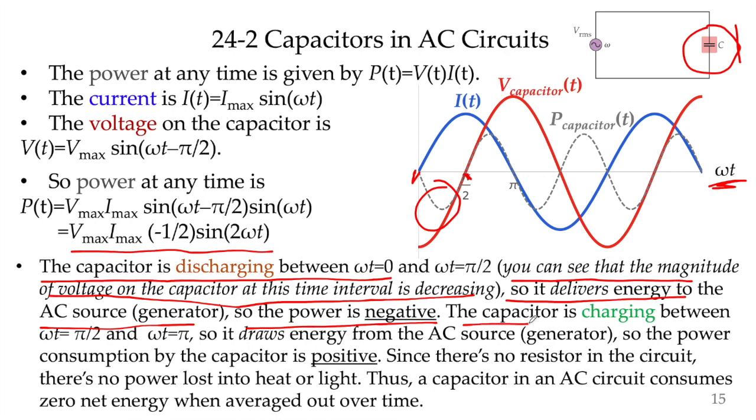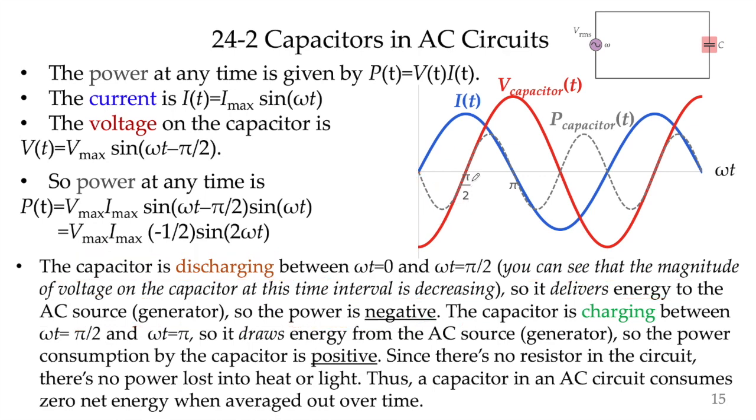Now let's look at the time interval between pi over 2 and pi. You can see that the power, the dashed gray curve, is positive. So at this point the capacitor is charging between pi over 2 and pi. How do I know it charges? Because if you look at this period, the voltage on the capacitor is increasing.